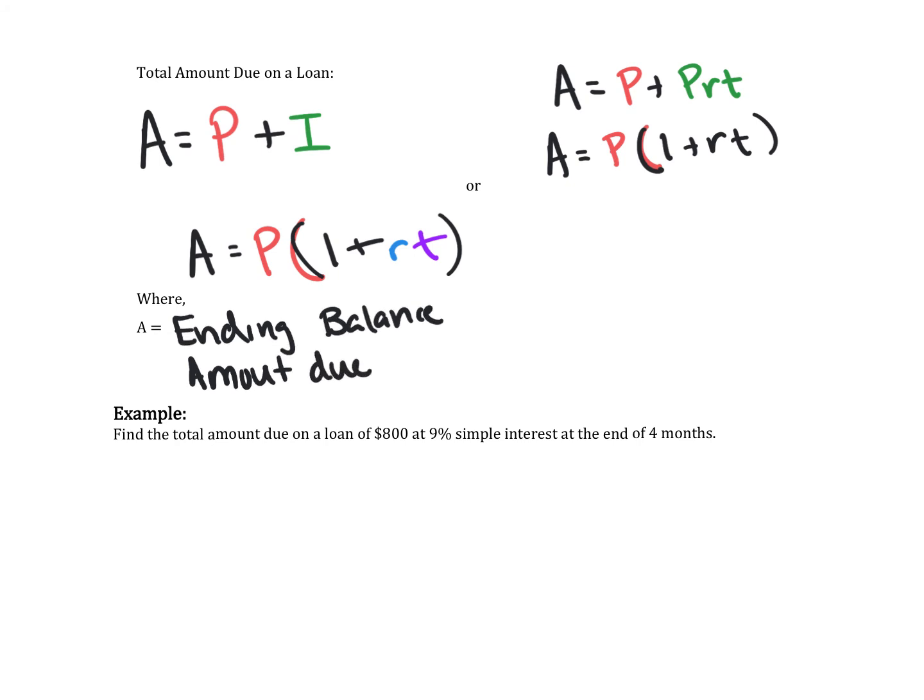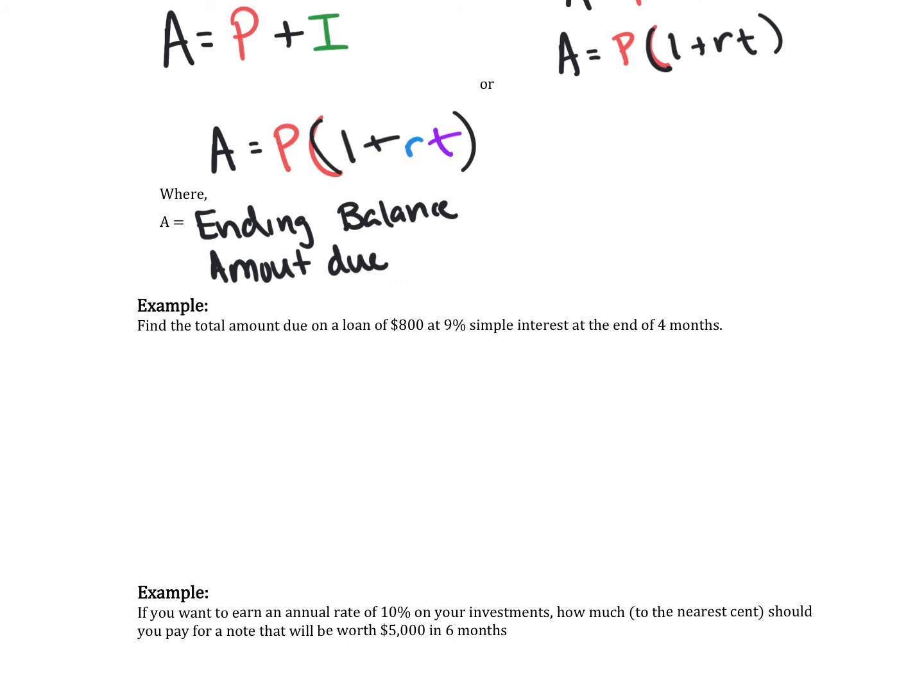So, as an example, it says find the total amount due on a loan of $800 at 9% simple interest at the end of 4 months. So again, what we're going to calculate is A, and we're going to use the second formula, A is equal to P times 1 plus RT. And so we need to identify all of these variables here.